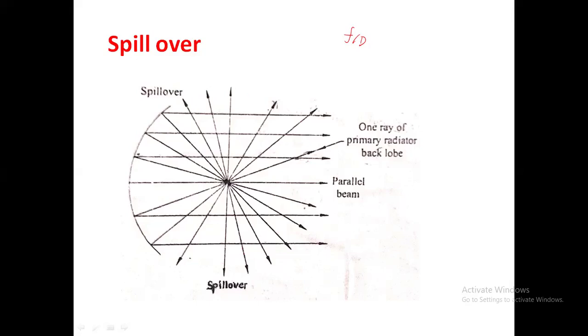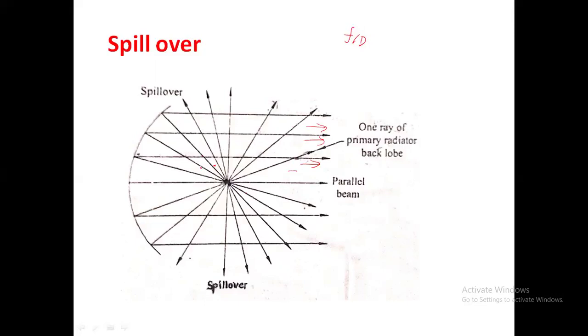And along with this, one more drawback is coming here. For example, these radiations are moving out into outer space, which does not cause much drawback. But if you observe at this point, all the rays reflected from the reflector are coming in this direction.